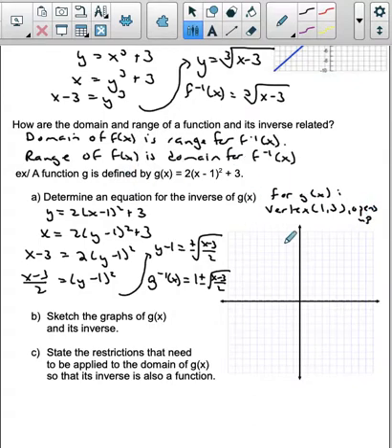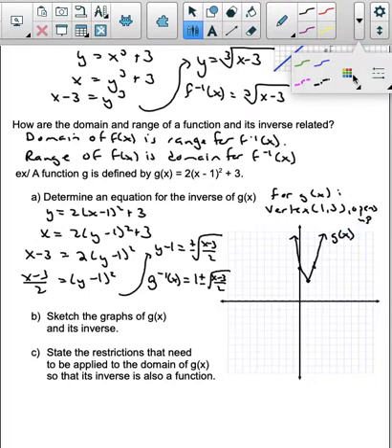Then a is 2. So I'm going to go over 1 and up 2, and left 1 and up 2. Those 3 points are sufficient to show me the original function. Pretend that's drawn better. So that's g(x).